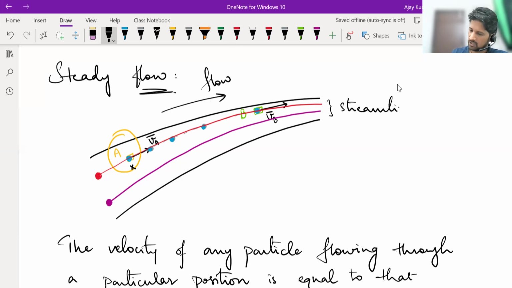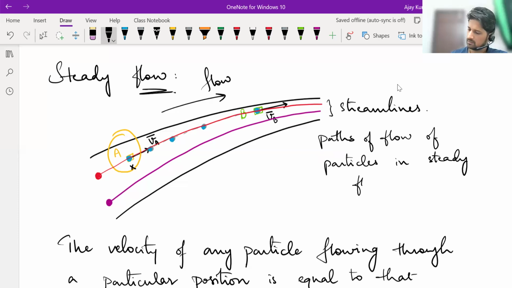So what are streamlines basically? Streamlines are nothing but the paths of flow of particles in steady flow. There will be infinite such paths, depending on where the particle starts from. So these are what we call streamlines. That's why steady flow is also called streamline flow.